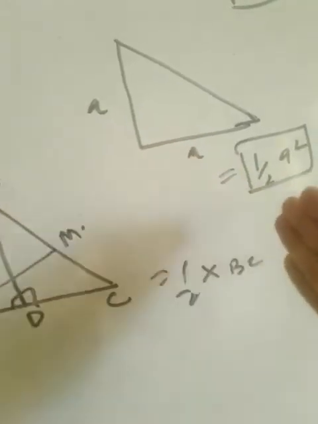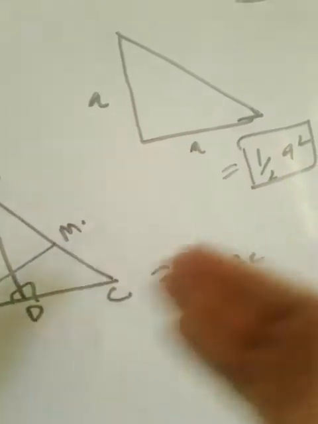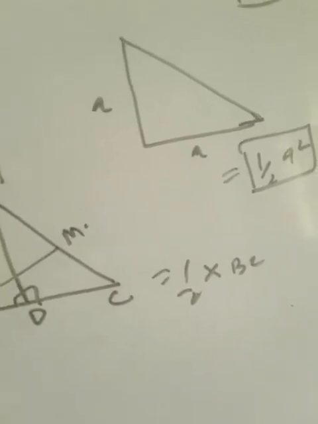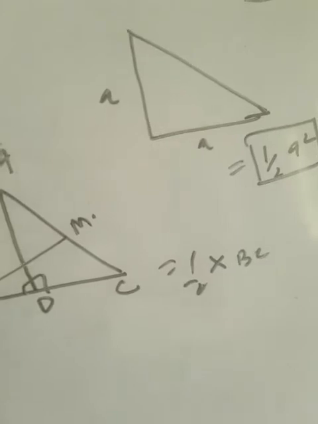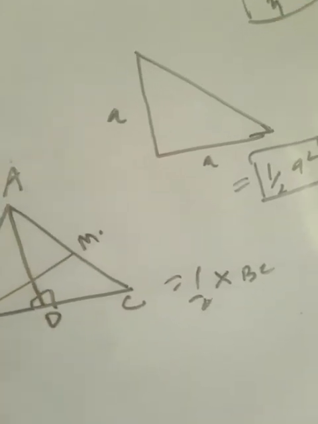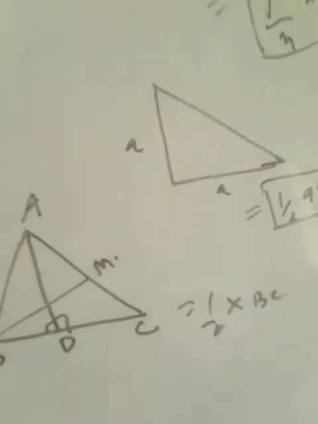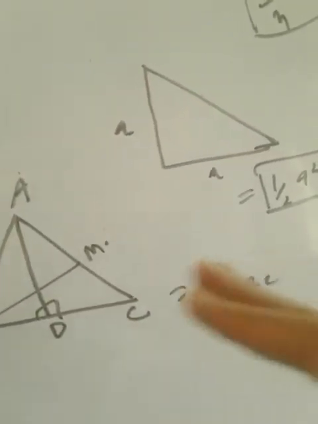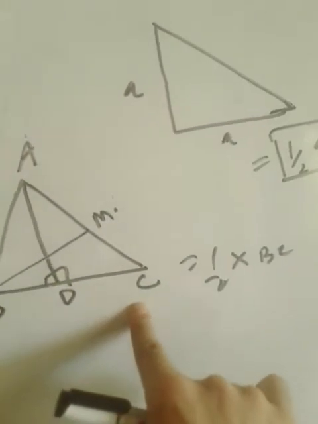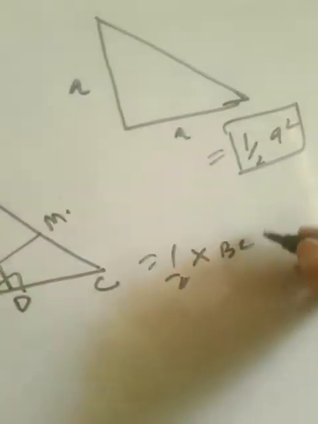You could write BM as well as AD, but that is not true. You have to select the altitude that lies on the base you selected. So if we have selected the base BC, the altitude should be AD.